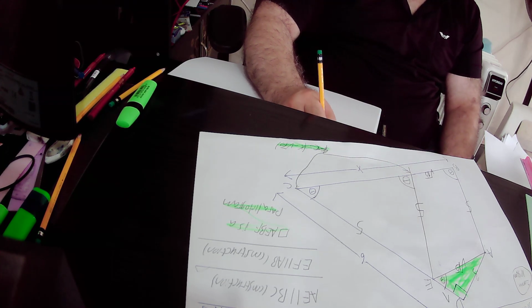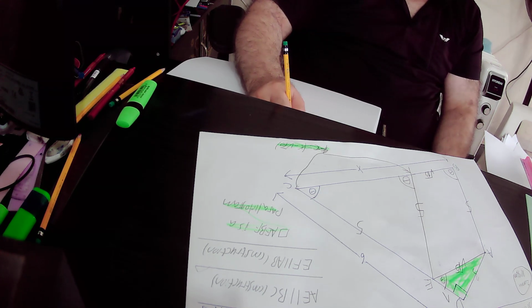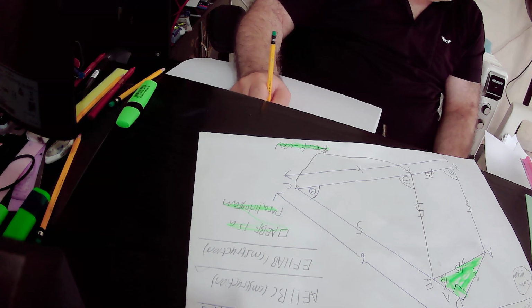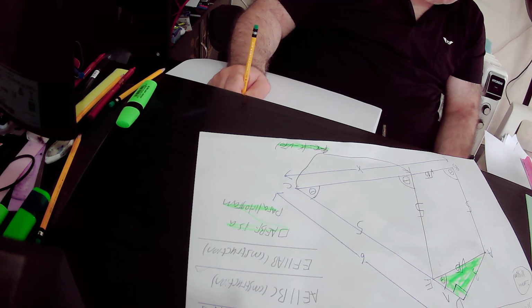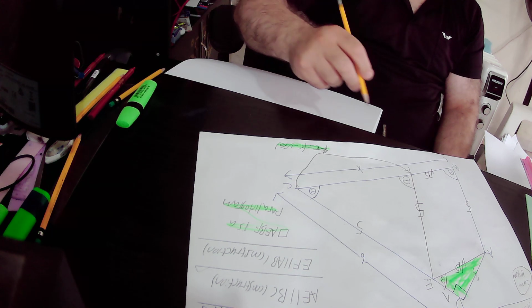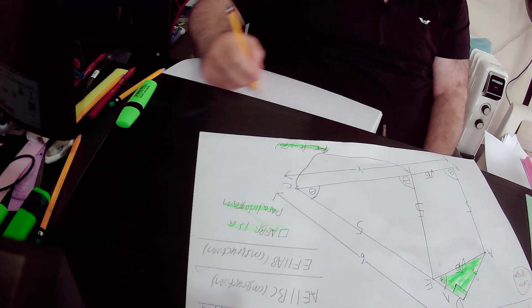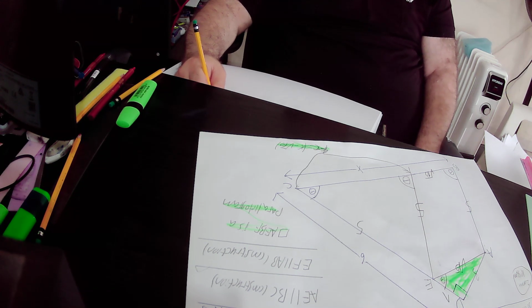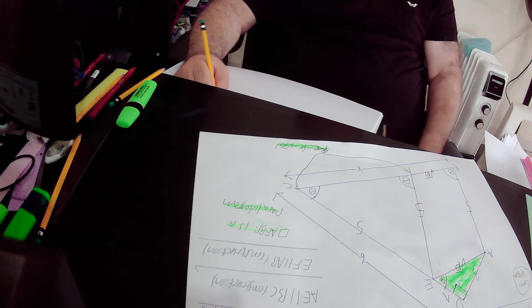Actually, triangle EFC is an isosceles triangle because side EF equals side EC. EF equals EC equals 5 units.